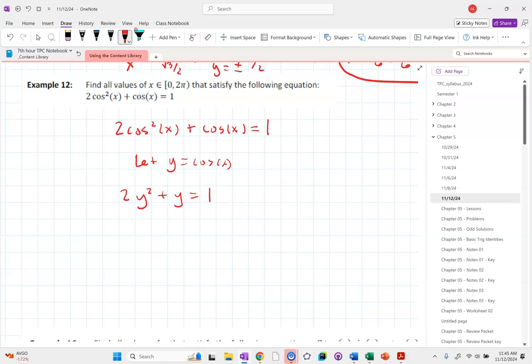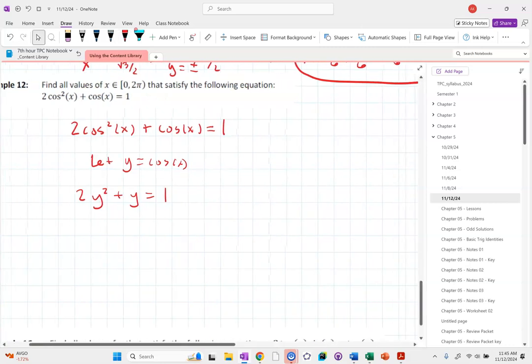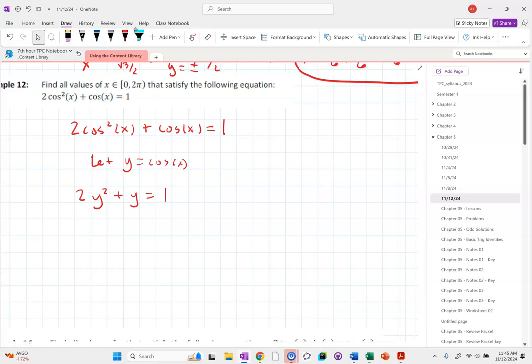We talked about a whole heap of methods last year. Somebody give me one method. Joey. Quadratic formula, that works. Sure. What else do we got?